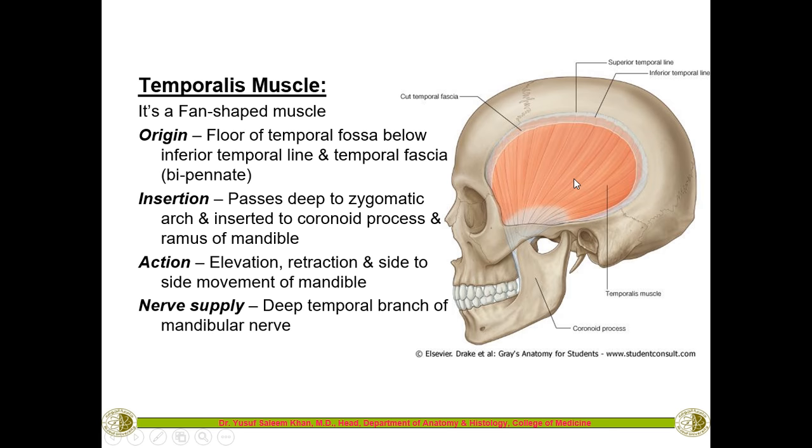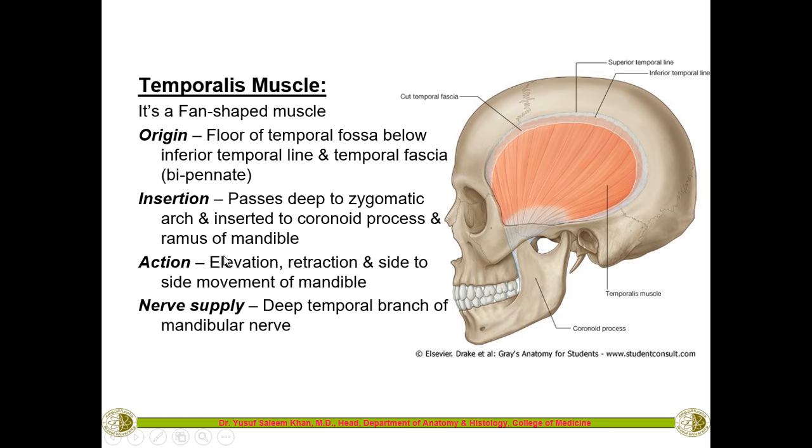Excessive force can be applied if the muscle has a big origin and the insertion is to a particular point. It means that it can apply a lot of pressure to this point, and this helps in movement of the mandible, especially the elevation of the mandible. Whenever you are chewing, when you close the mouth, this is the function done by the temporalis muscle.